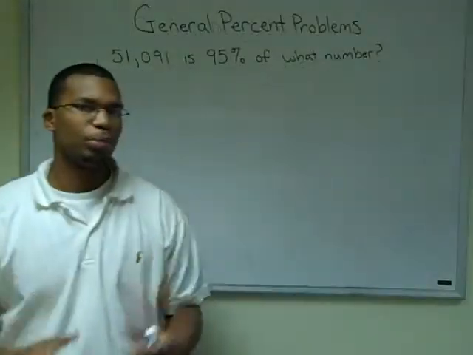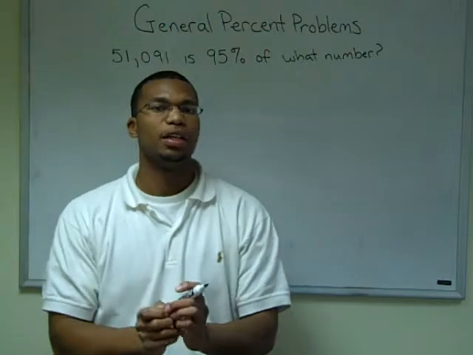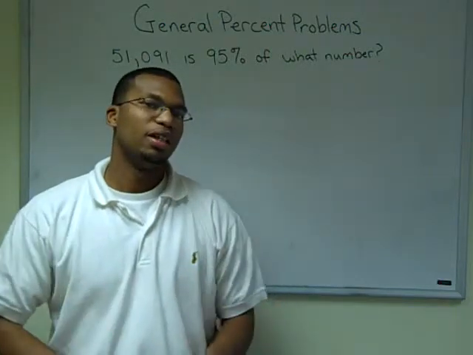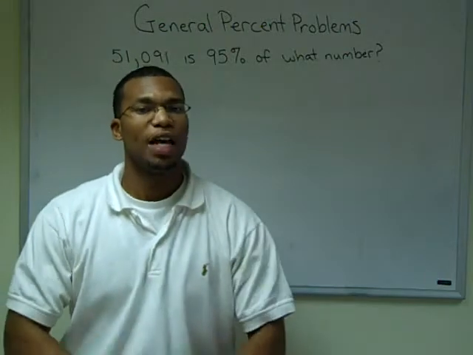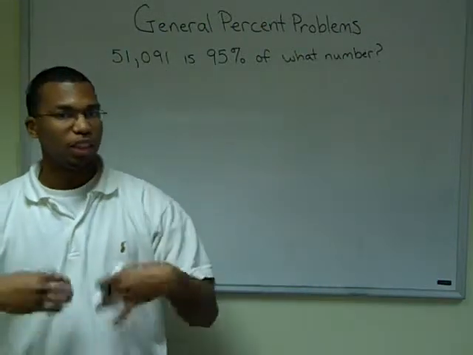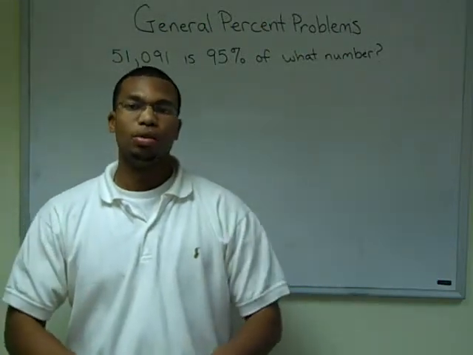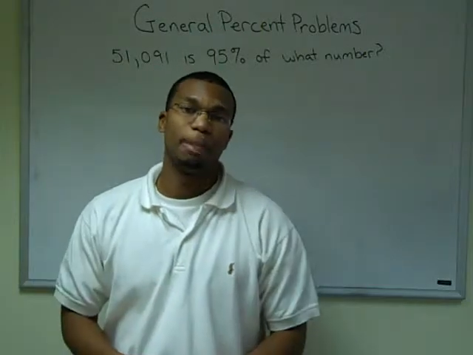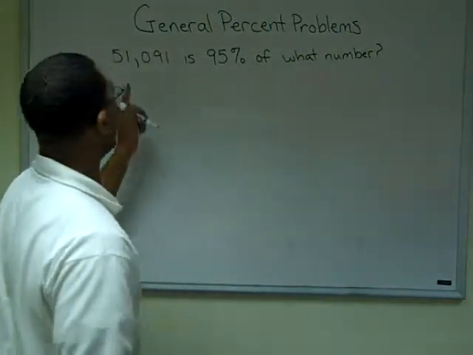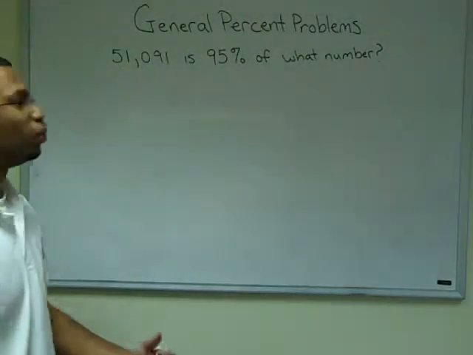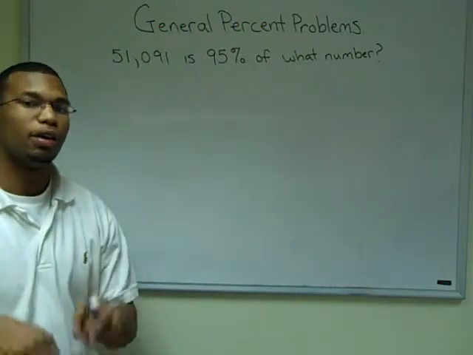So before solving this problem, we must first understand that the 5% of the total computers manufactured is what's missing. So we have to come up with a one sentence word problem to explain this relationship. So the one sentence word problem would be 51,091 is 95% of what number?